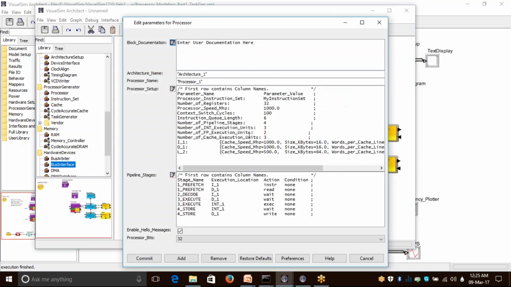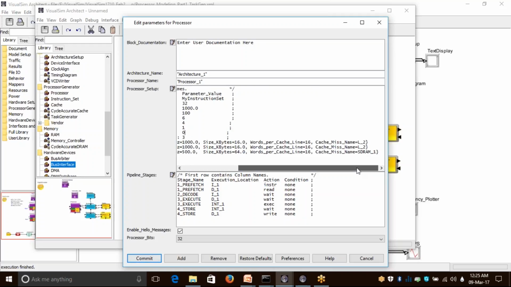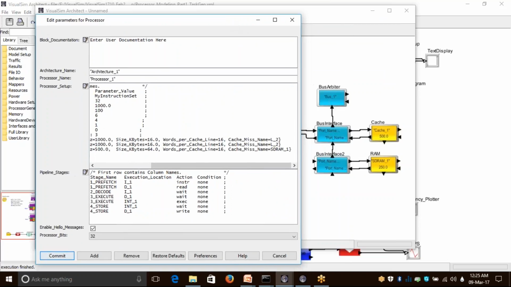design. I'm going to consider running my processor at 1 gigahertz, and I'm going to consider the cache execution units as 3 units. Whereas for integer, I'm going to consider only a single integer unit, and I'm not going to consider any floating point. I just made those changes. I'm going to consider an external cache as well.